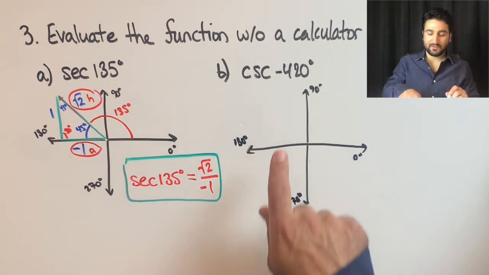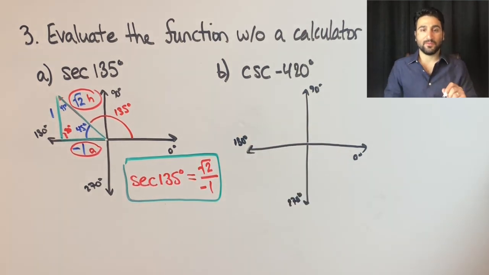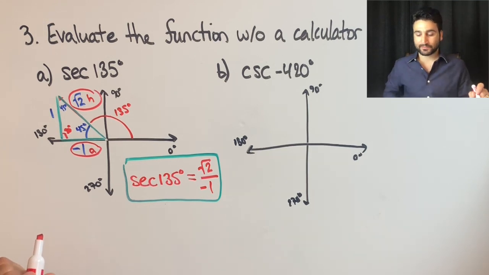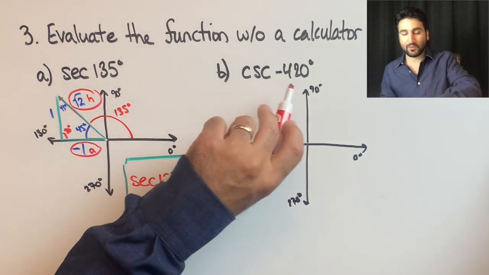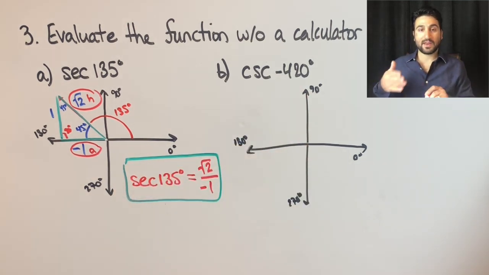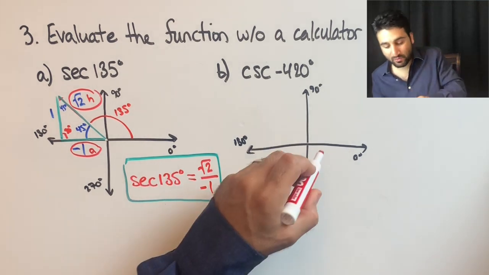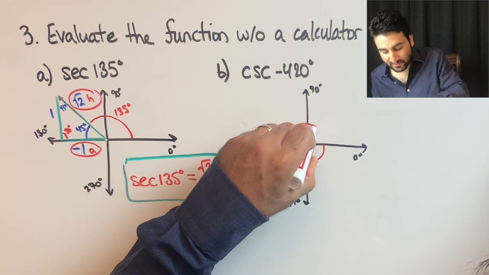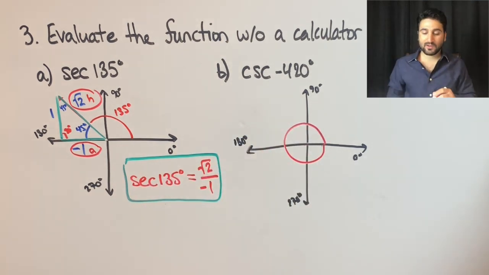This problem is different because there's a negative in the angle. The way we go about that is, instead of going counterclockwise around the circle, we're going to be going clockwise around the circle. Negative 420 is more than negative 360 degrees. If we went negative 360 degrees, you wouldn't even be at negative 420 yet.